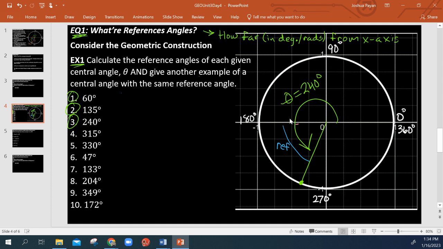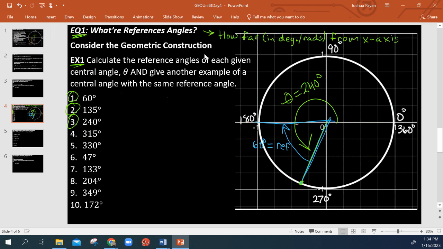Well, if my central angle is 240, I'm going to reference back to 180. What's the distance from 180 to 240, or the x-axis again, to 240? The answer there is going to be 60 degrees, because the distance from here at 180 to here, where the radius of my respective circle is, would be 60 degrees.